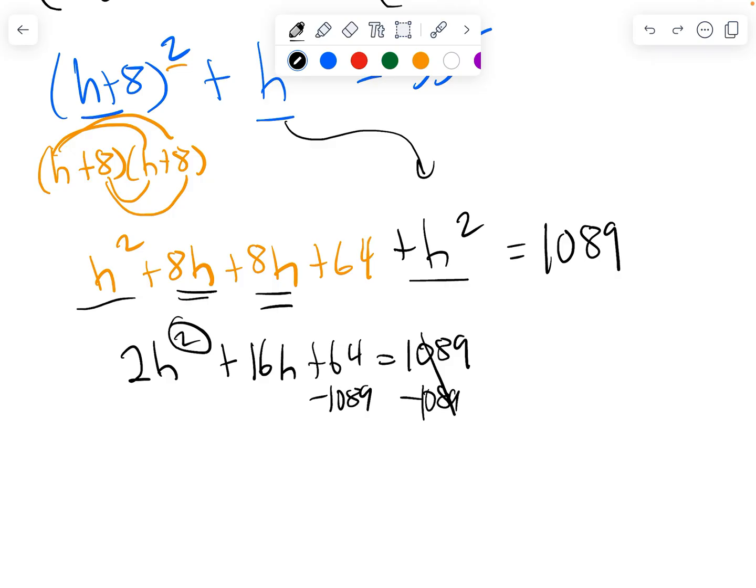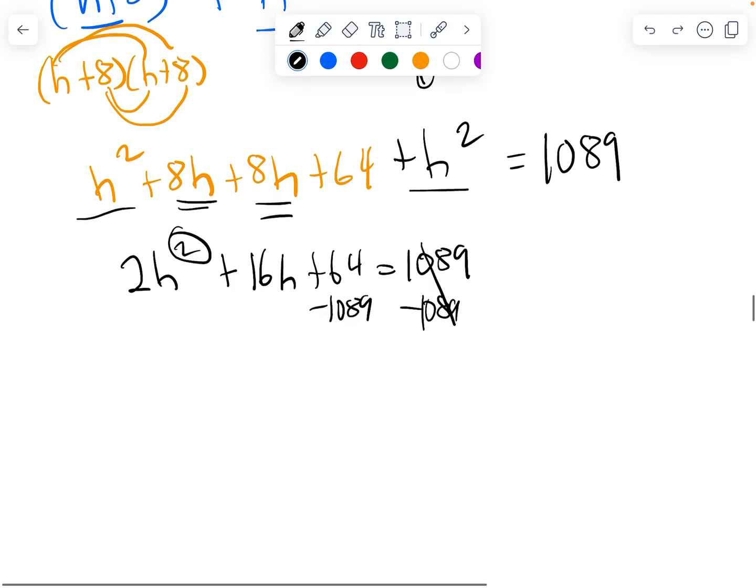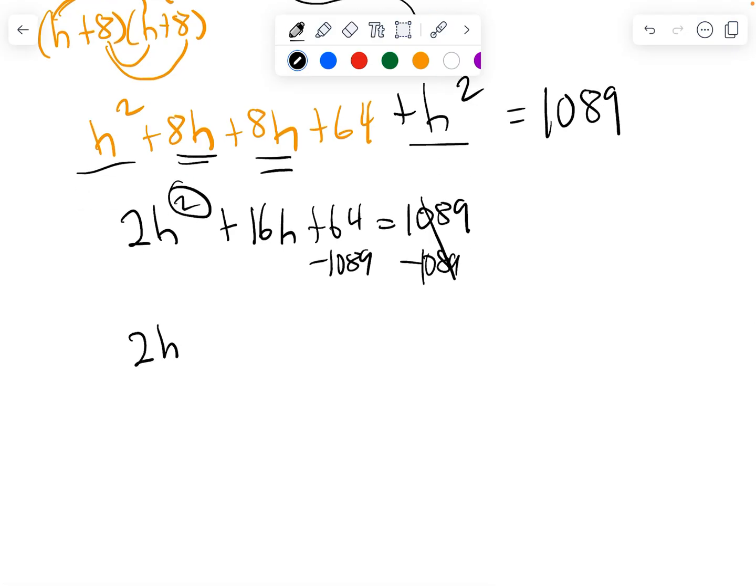It's just going to be messy. So I would recommend that we just use quadratic formula on this. So we have 2h squared plus 16h plus, and I'm going to put this in my calculator off to the side here, 64 minus 1089, we get negative 1025 equals 0.